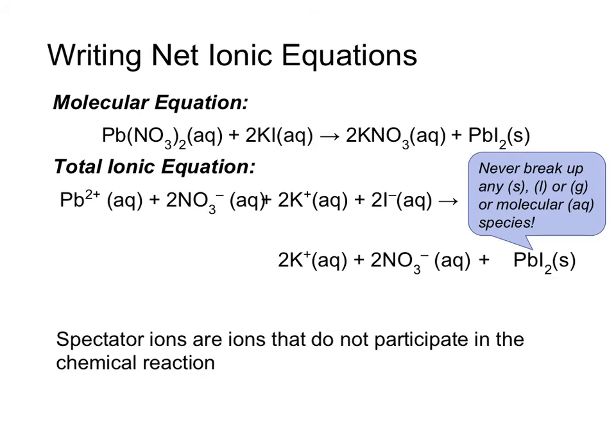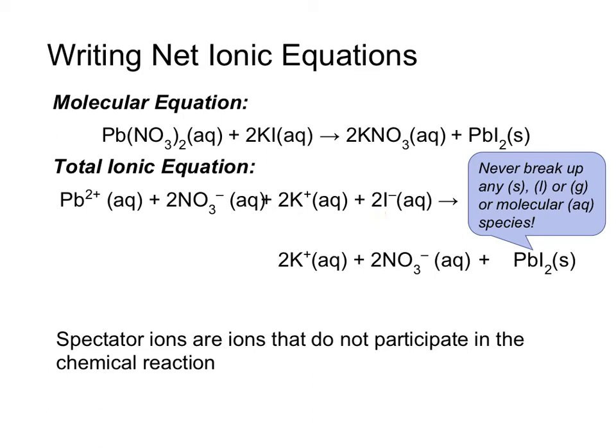Now, in order to go to a net ionic equation, we have to remember that spectator ions are ions which do not participate in the chemical reaction. In this case, our chemical reaction is the formation of our lead iodide. We can see that the only things that actually participate in the formation of lead iodide are our lead ion and our iodide ions.